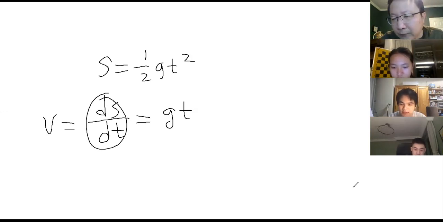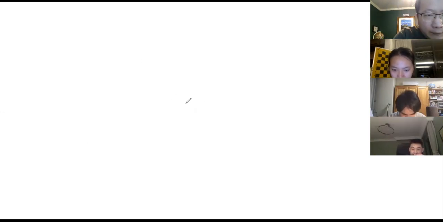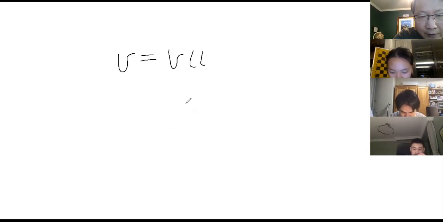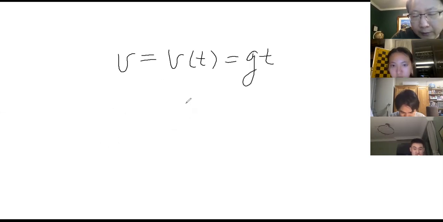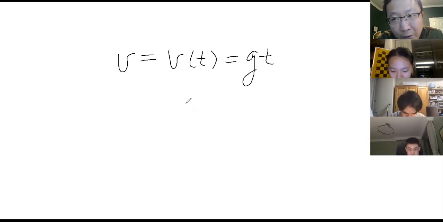Now I'd like you to do an example with me. We have velocity as a function of time, gt, correct? And I would like you to continue. Now I have the velocity, but I want to know acceleration.